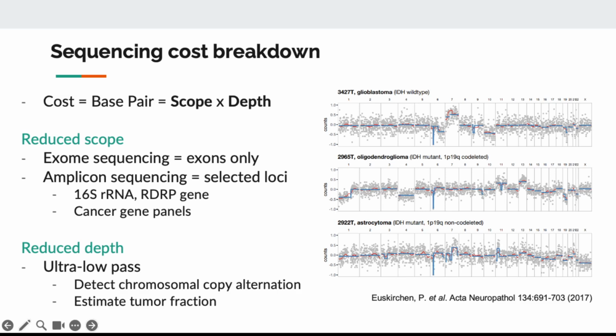So in this situation, people do what's called ultra low pass sequencing. Instead of having 100 reads spanning the entire chromosome, they require only 2 or 3 reads, and they are able to tell whether the chromosome is duplicated or lost from that amount of information.